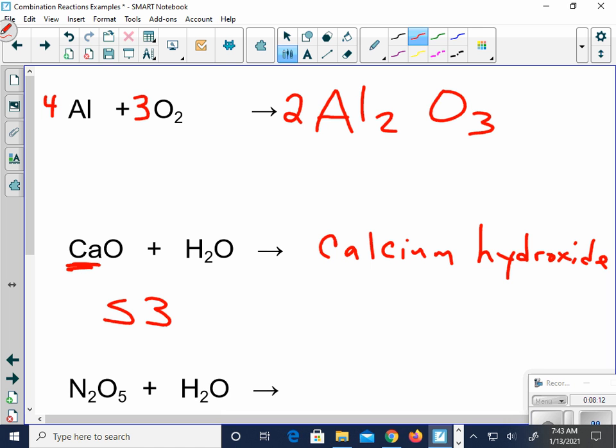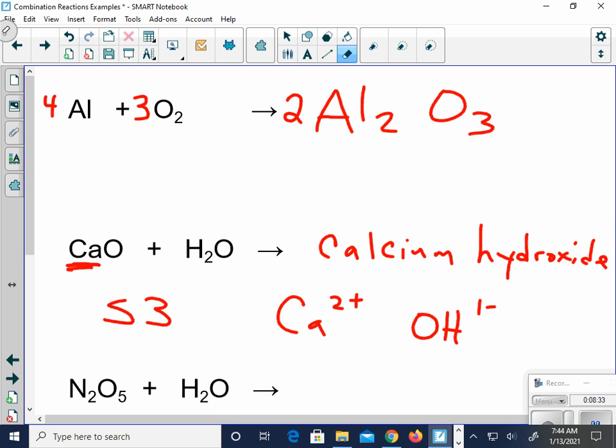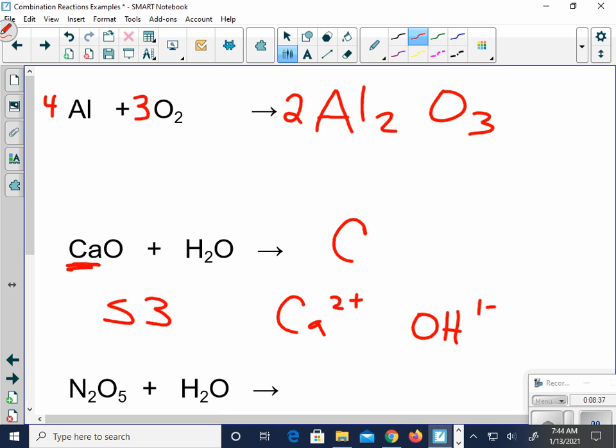Now, once again, I write out the name, then I get the formula. What is calcium hydroxide? Well, calcium is a Ca, it's a 2+. Hydroxide is OH, and it's a 1-. So I'm going to need 2 hydroxides to go with that calcium. So when I write out my formula, I have Ca(OH)2.